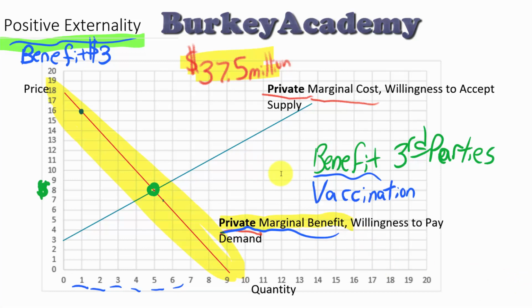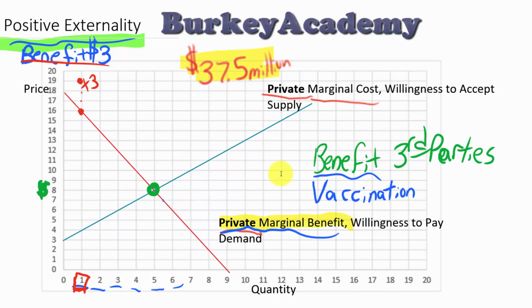So how do we do that? Well, all we need to do is explicitly add the $3 in here and say, if this 1,000,000th person who gets a vaccine values it at $16, then if we add in $3, we must be going up to $17, $18, $19, right?